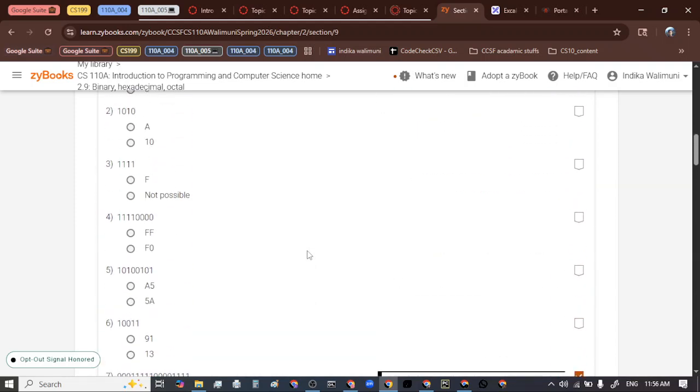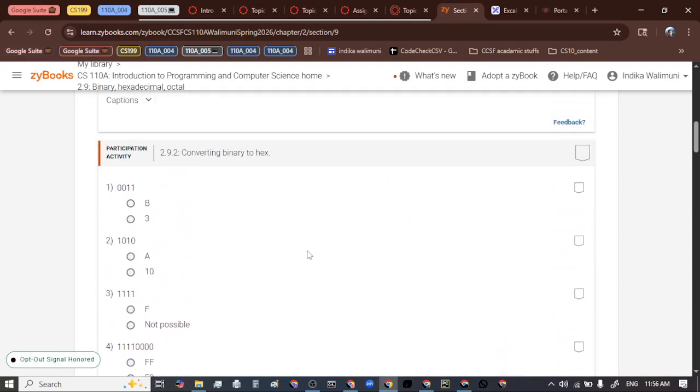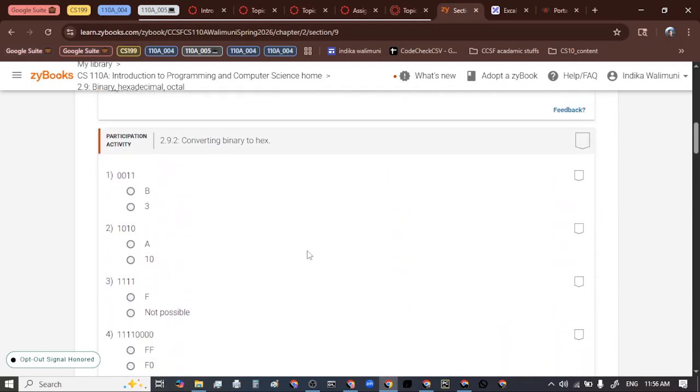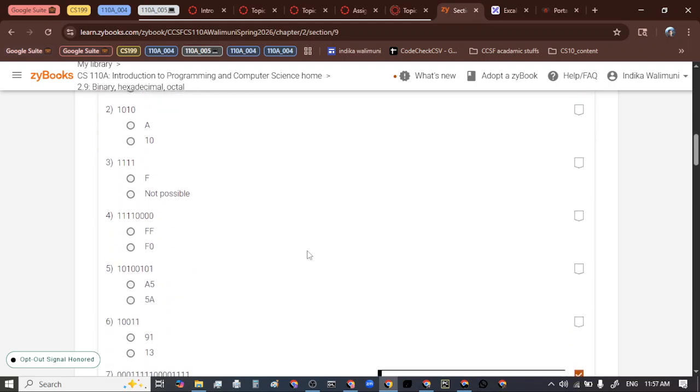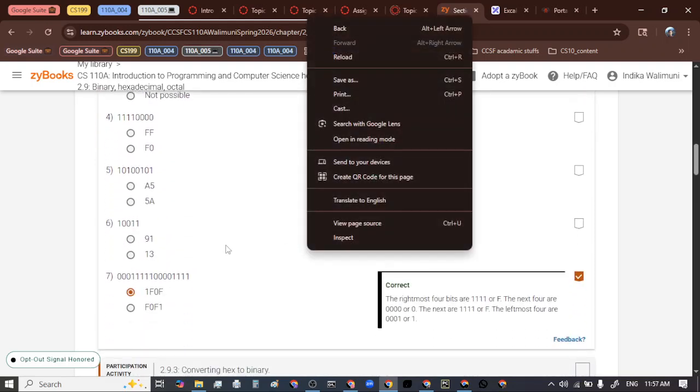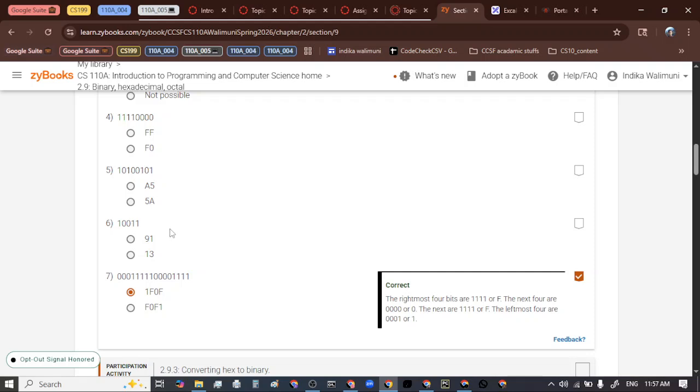Okay, let's do this one. Now I think it can convert binary to hex. What's the answer?